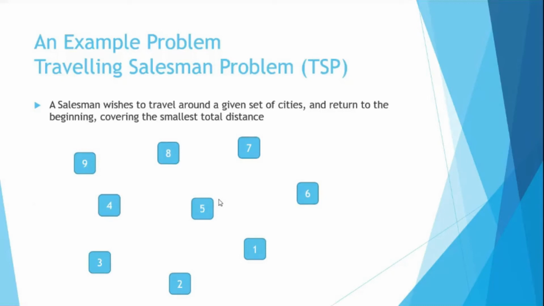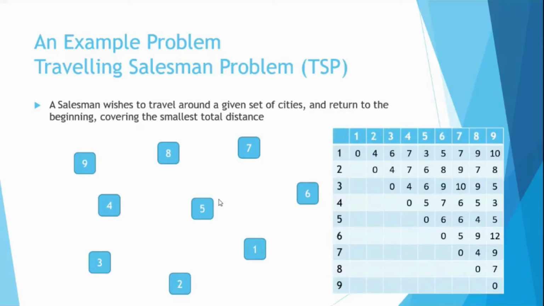The distance between each pair of cities is also given, that is the distance from city 1 to 2, 3, 4, 5, 6 up to 9, from 2 to all the other cities, etc. So what we have to find out is the shortest route through which all the cities should be covered, with the smallest distance, and each city only once. He doesn't have to visit a city twice.